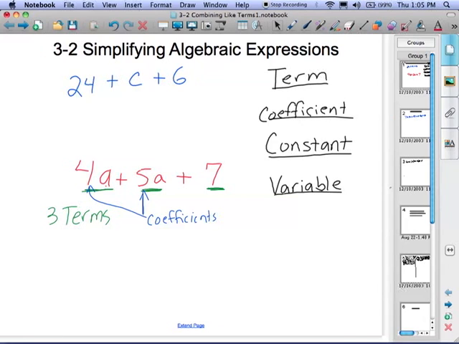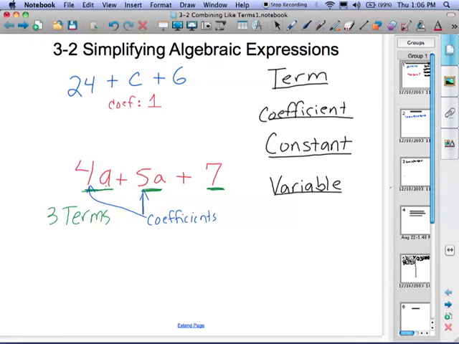In the expression above, 24 plus c plus 6, is there a coefficient with the c? There is. It's a 1. You'll remember from when we talked about variables the first time, if there's no number next to the variable, there's always a 1 there. So the coefficient there is a 1. So we have terms, we have coefficients.